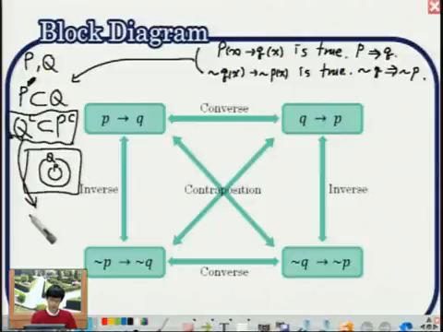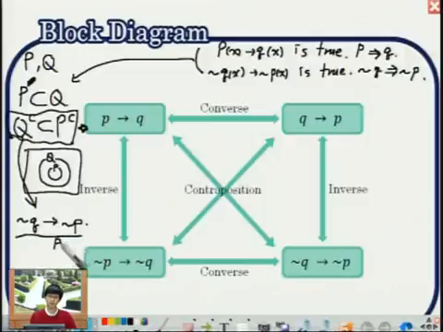So if you take this one and change it to the proposition, you come out with not Q to not P. So the proof ends. Is it good?